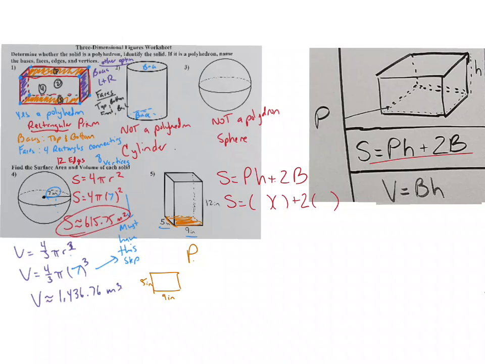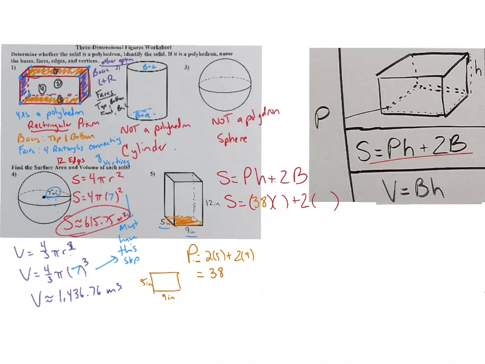So the perimeter would be 2 times 5 plus 2 times 9. So 10 plus 18, my perimeter is going to be 38. And it's really 38 inches. So I put 38 right there.